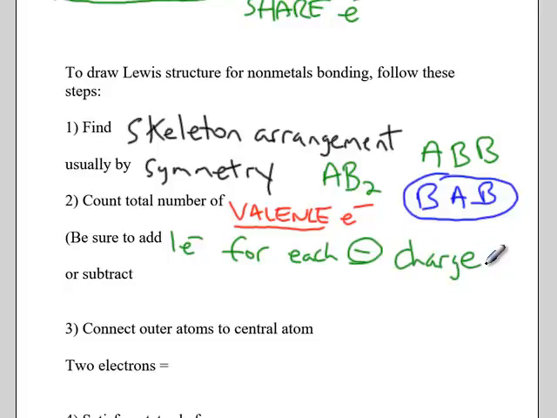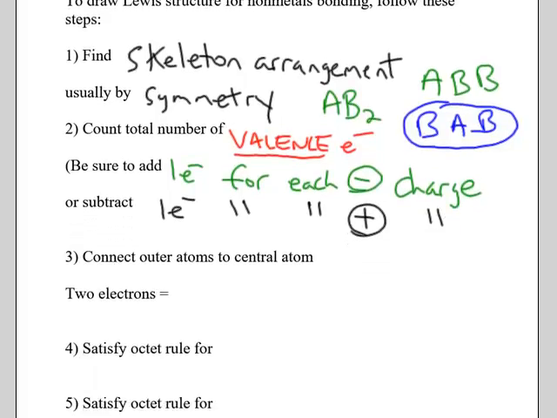So for example, if we have a -2 anion, we're going to add 2 to our count of valence electrons, and we'll have to subtract one electron for each positive charge that the molecule has.